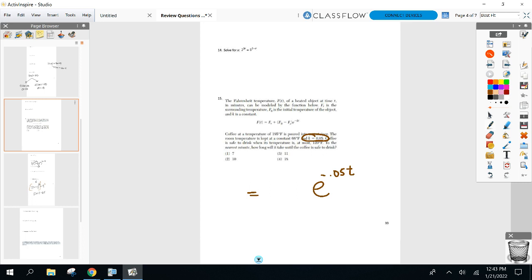F of S is the temperature surrounding the coffee. The coffee is 195 degrees. The room temperature is 68. So the room temperature around the coffee is 68 degrees. We good so far? So 68, and I'm going to plug that 68 in here again.